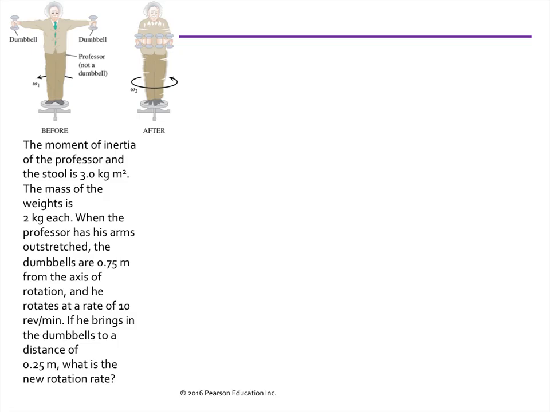So let's do an example of a problem like this. So we're doing I initial, omega initial equals I final, omega final. The initial moment of inertia is that of the professor and the stool, which is 3 kilograms meters squared, but then you have the two weights held at a particular distance from the axis of rotation, and so that's omega.